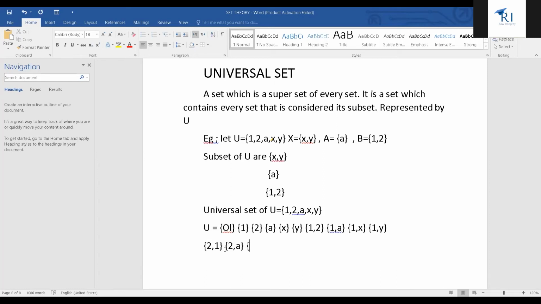Then we have 2 and x. Okay, we are finished with 2, now go to a.